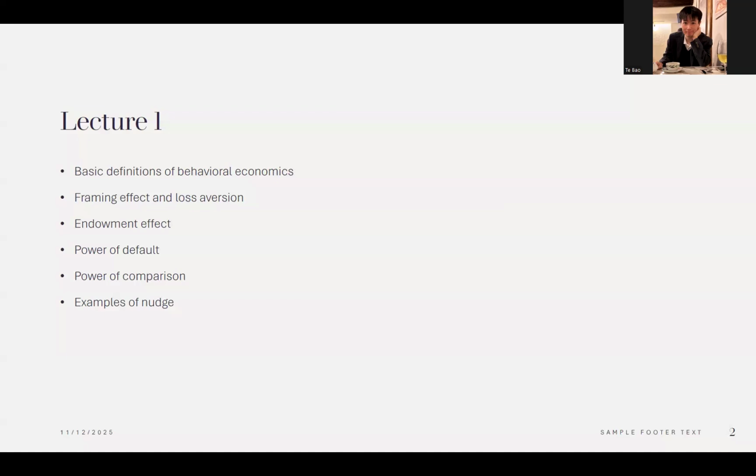We also, for the first time, introduced the concept of loss aversion in the context of the framing effect. Loss aversion is a very important example of a framing effect.